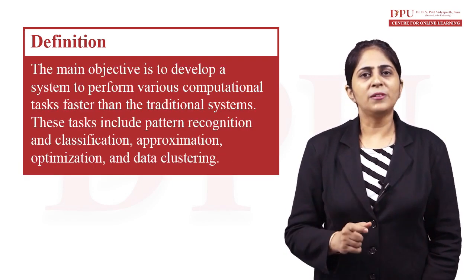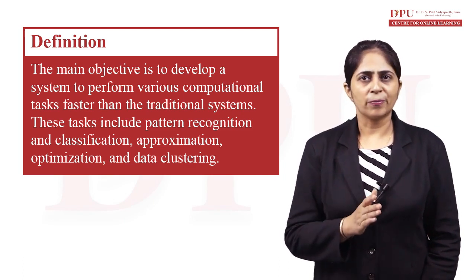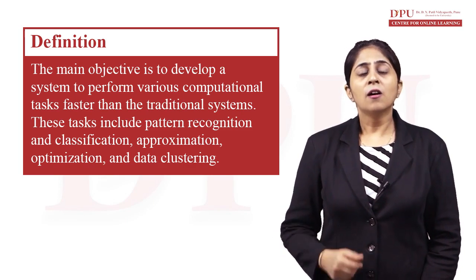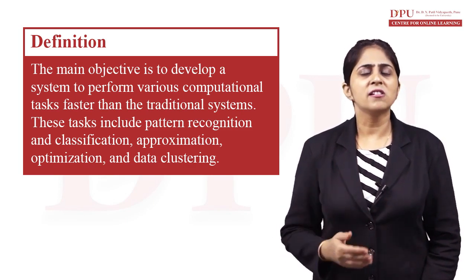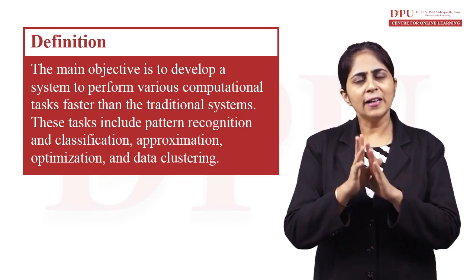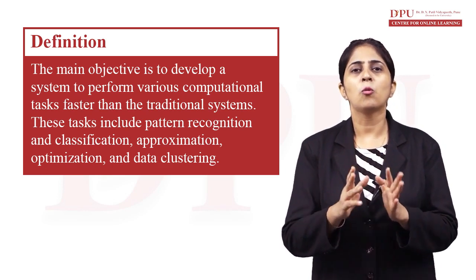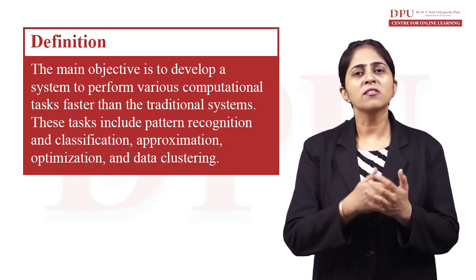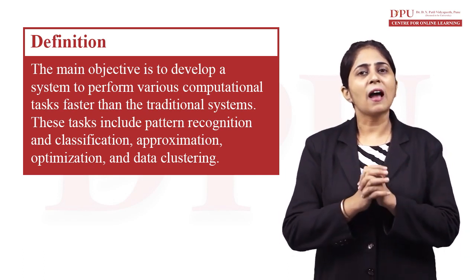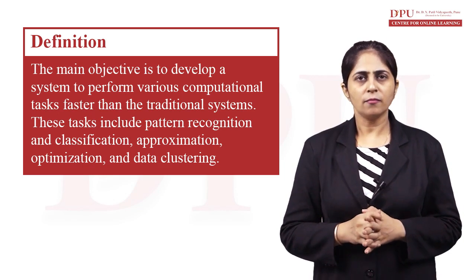The main objective is to develop a system to perform various computational tasks faster than the traditional system. Why have we designed this neural network? Earlier we had the traditional systems, but we require neural networks for faster processing of the various computational tasks that we require in the field of deep learning.